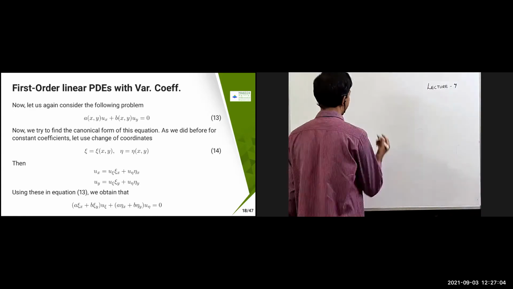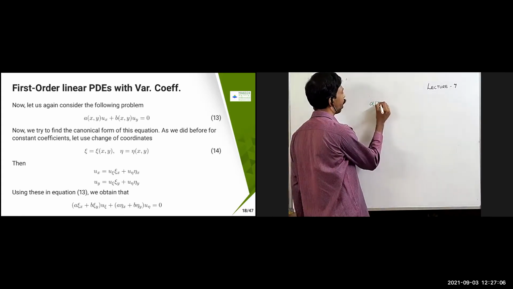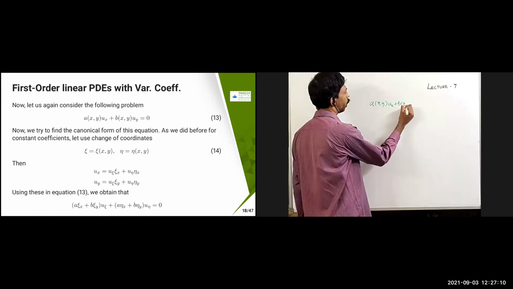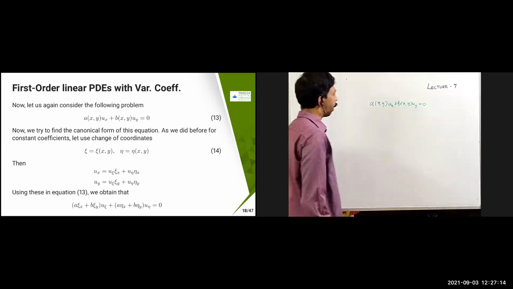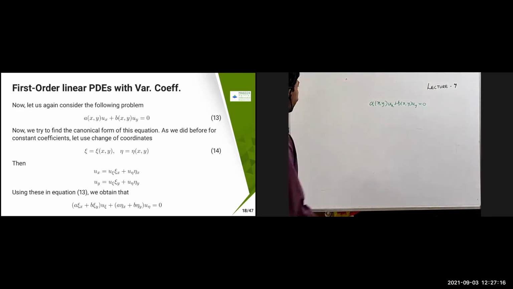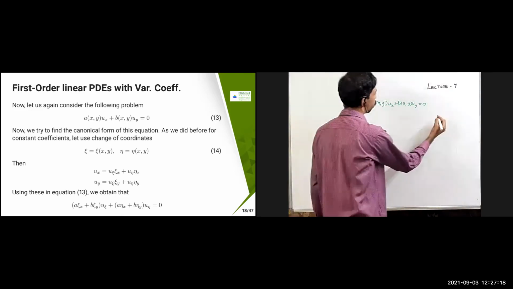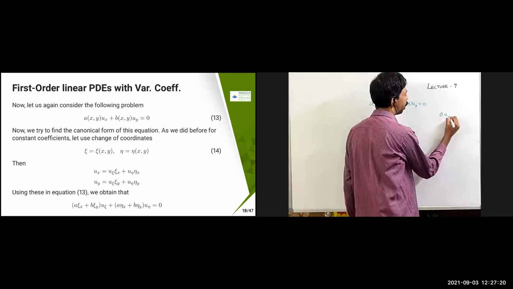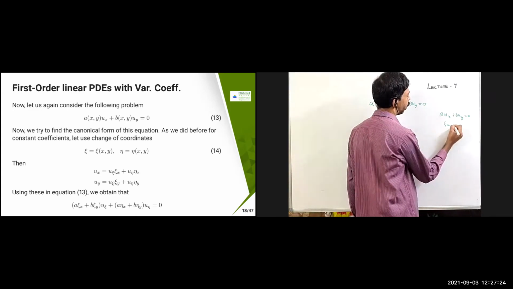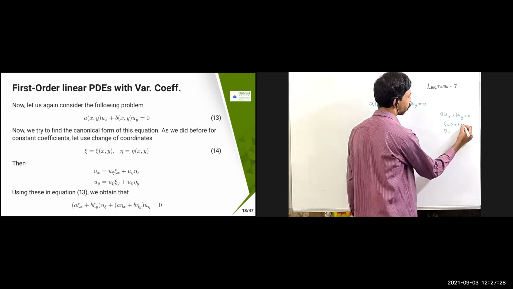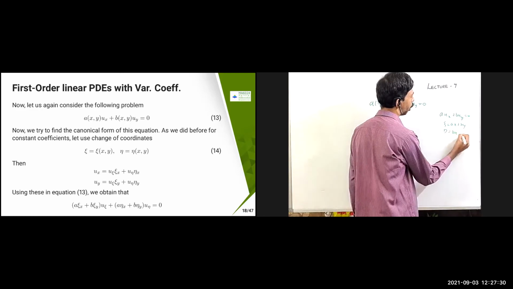So now let us take the same problem: a of x comma y into ux plus b of x comma y into uy equal to 0. Now in the earlier case, with constant coefficients a and b, we took chi equal to ax plus by, and eta equal to bx minus ay, right?